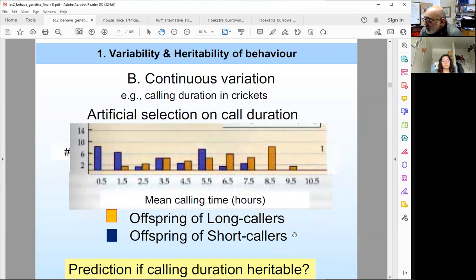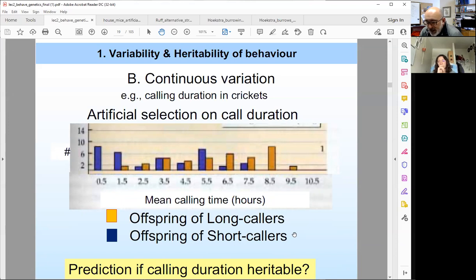And so you can conduct what we call an artificial selection experiment on call duration. What does that mean? We'll do another couple of examples of this, but basically artificial selection occurs when you, for example, bring these crickets into the lab and assess how long they call for. So each individual calls for a certain amount of time.